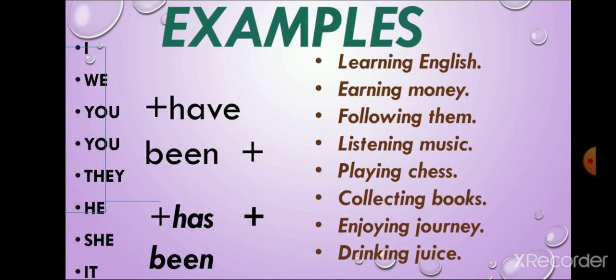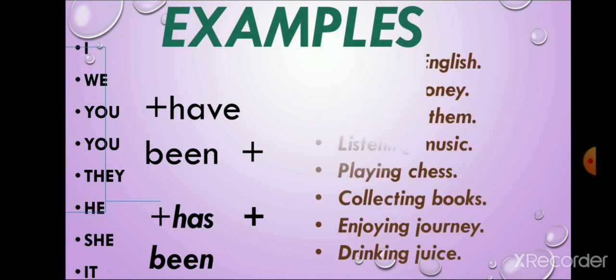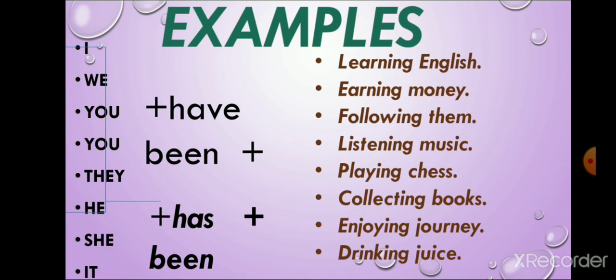So there are some VING forms and objects here, and we are going to prepare some sentences from them. For example, we can take some examples here. I have been learning English. We have been earning money.